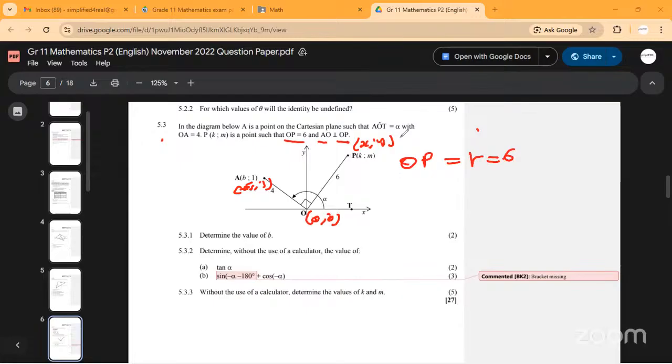Is it appropriate for us to use the formula for the length of a straight line, where it's a square root, and within that square root we say x2 minus x1, and then close bracket?